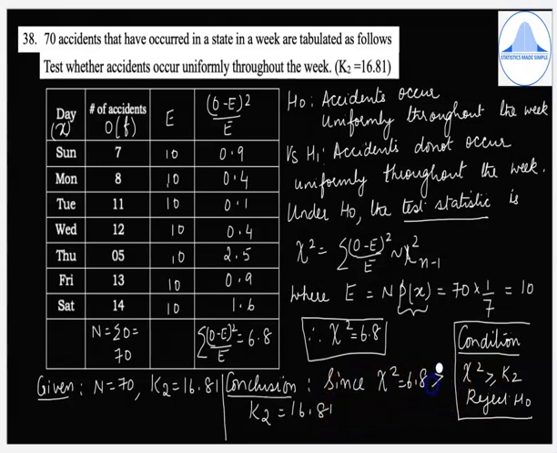It is not greater. So at alpha level of significance for 6 degrees of freedom, we accept H naught. And you conclude that accidents occur uniformly throughout the week.